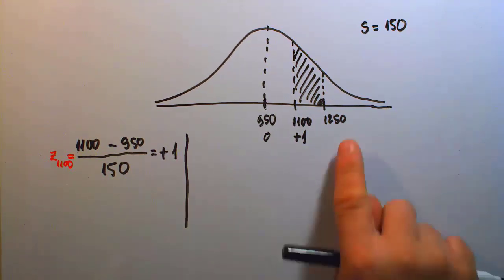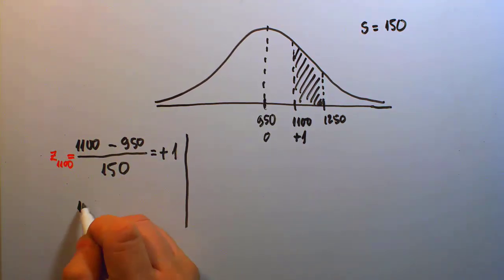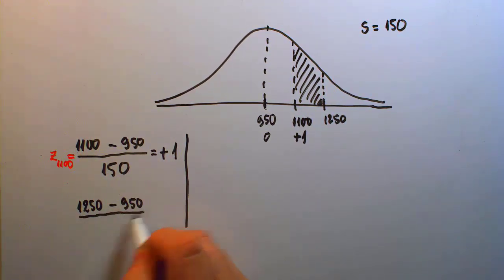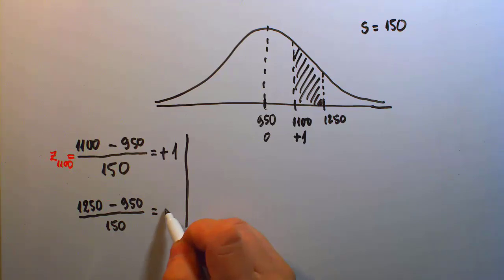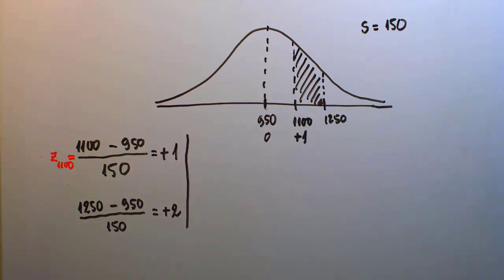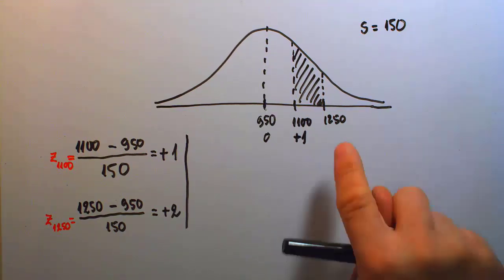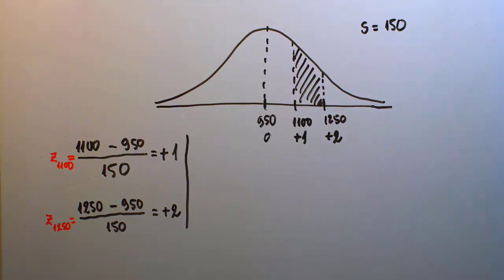I'm going to do the same thing for the other end of my interval, 1250. I subtract 950 and divide by 150, and that gives me a z-score of positive 2. So this 1250 stands 2 standard deviations above the mean.